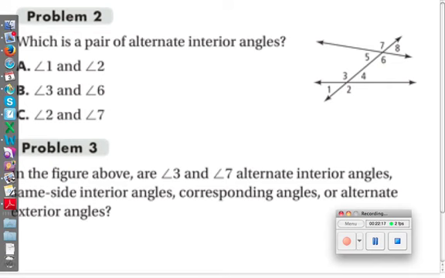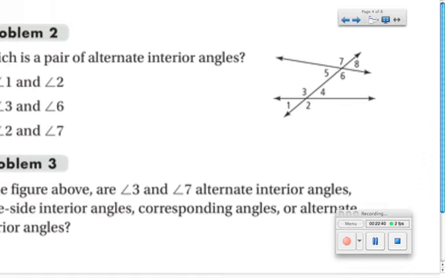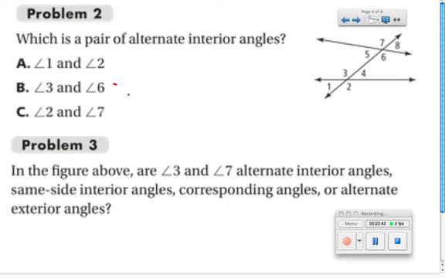But give your neighbor a chance to see it also if they take an extra moment. I'm asked for a pair of alternate interior angles. Okay, I'll see the hands now. Lauren. Angles 3 and 6 are my alternate interior angles.